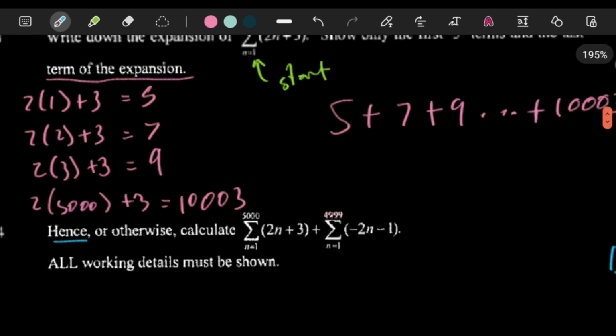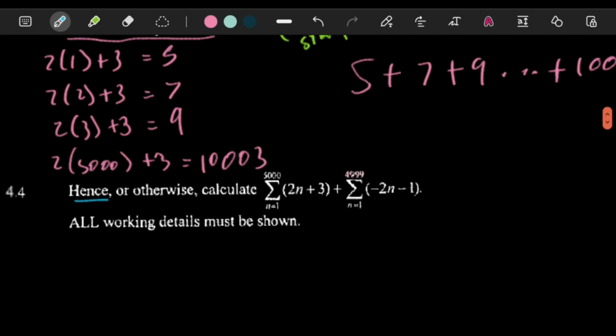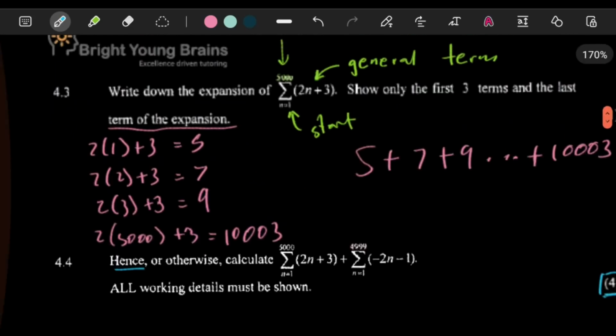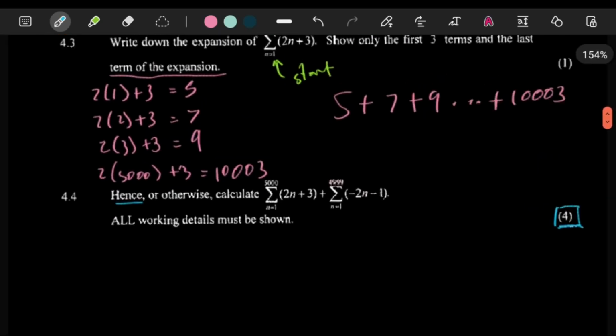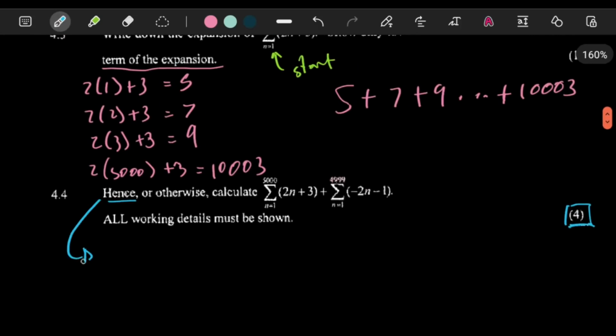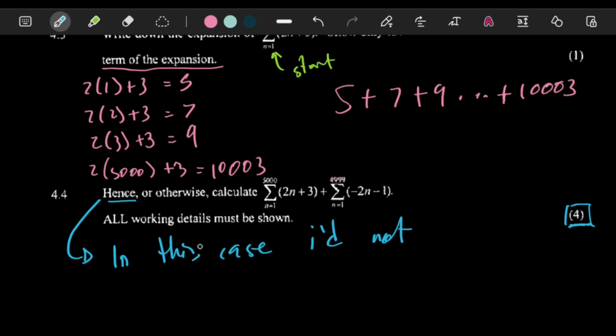To be honest, even though hence means use the previous question, in this case I'd rather not use the previous question.